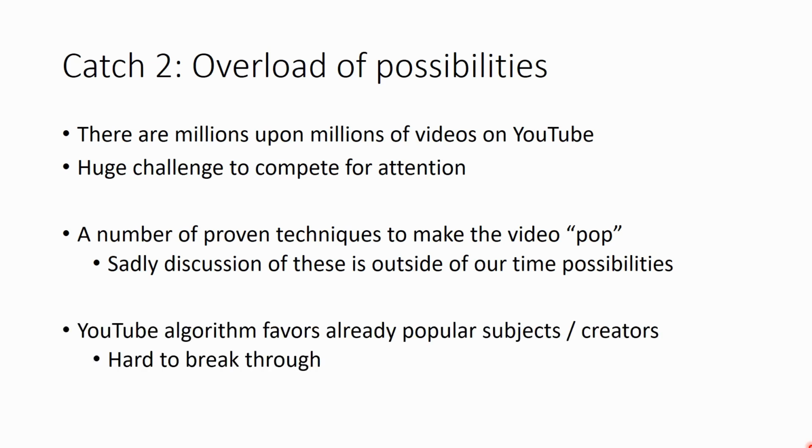Also, we have this YouTube algorithm all around us, which tends to favor popular subjects, popular creators and topics. So it's generally quite hard to break through and establish a strong viewership. Of course, it's not impossible. It's being done every day, but it requires hard work.